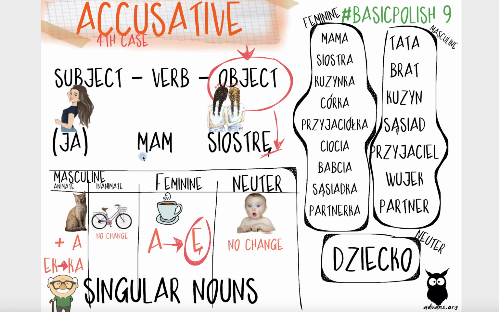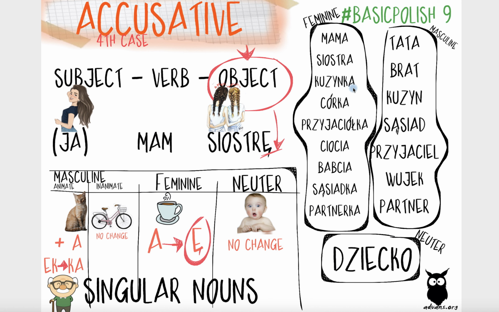Let's do it. Mam siostrę. Let's look at the word for a female cousin. Kuzynka. A lot of words that end in ka will specify a female profession or just will be female.